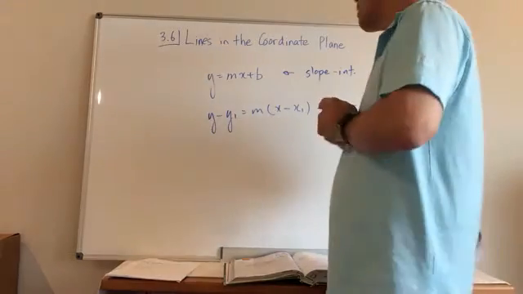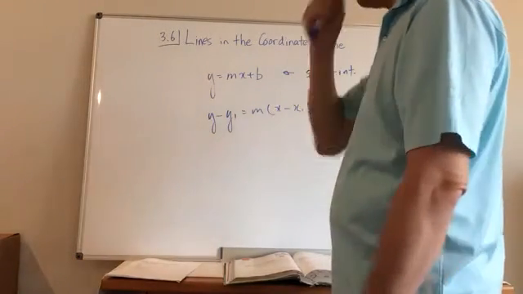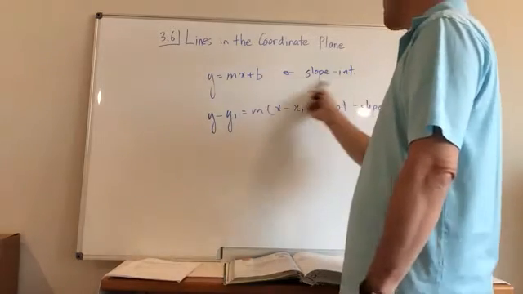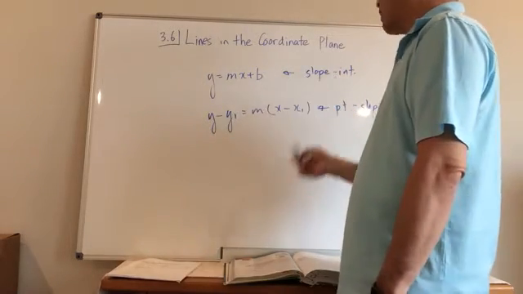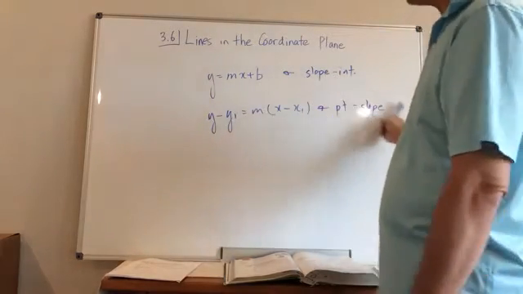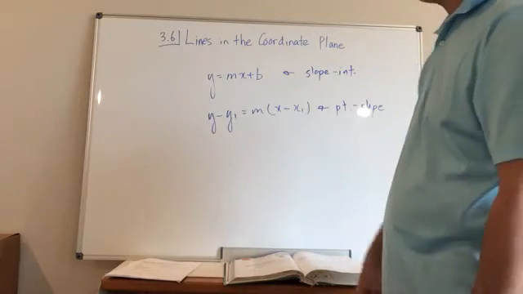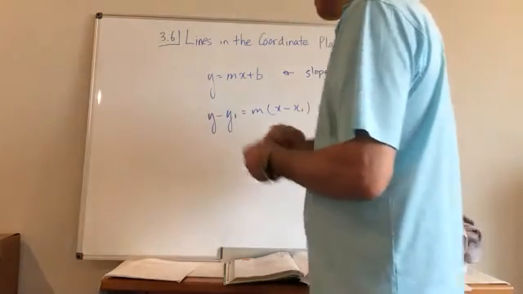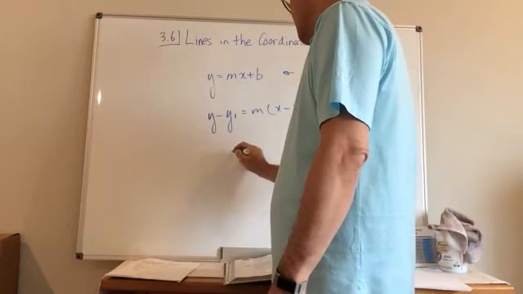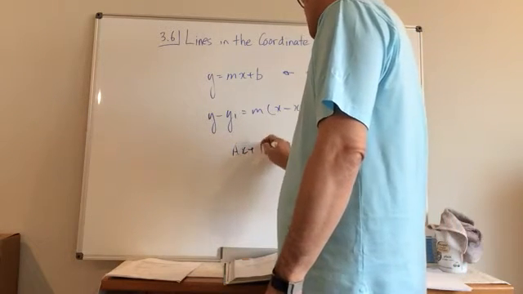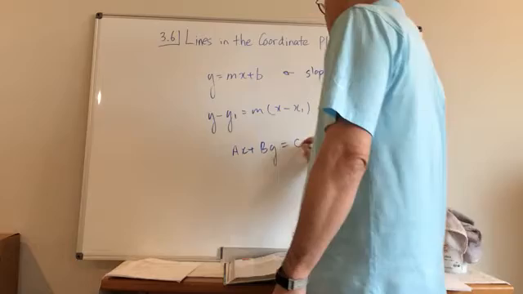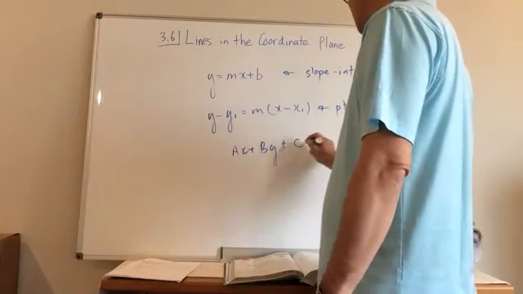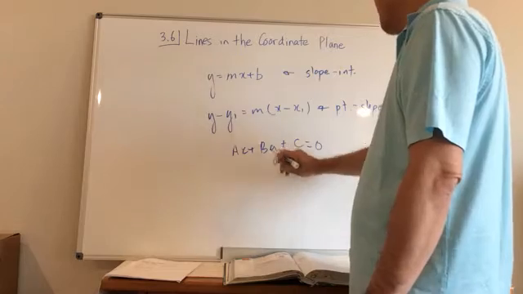So we're in geometry. In algebra 2 and honors pre-calc, you'll be mostly dealing with this one. But in calculus, you'll be dealing mostly with the point slope equation. And last but not least, there's actually a third form: ax plus by is equal to c, or alternately in this form.